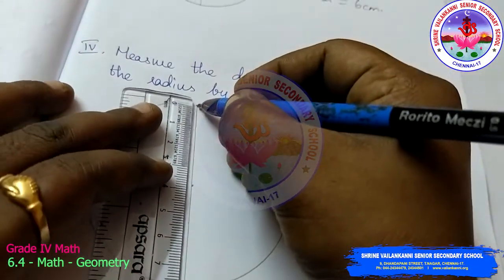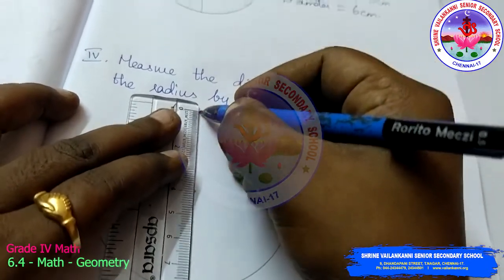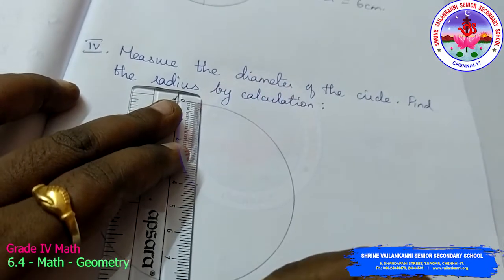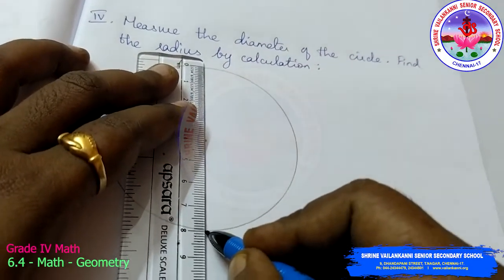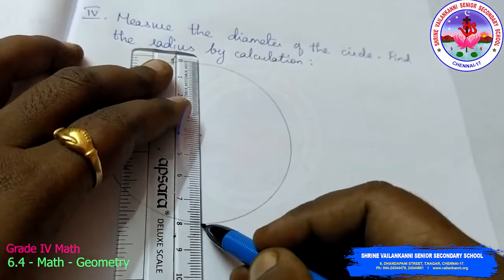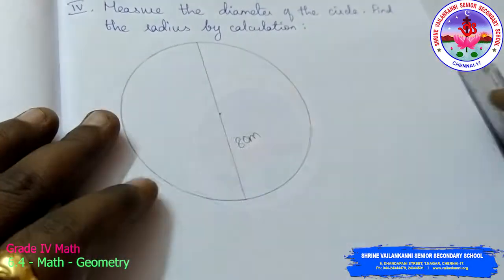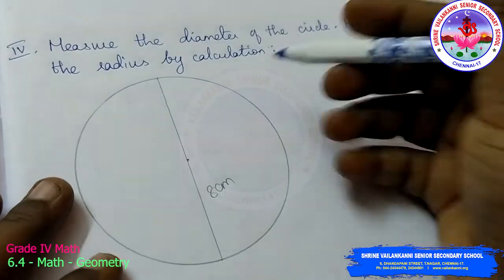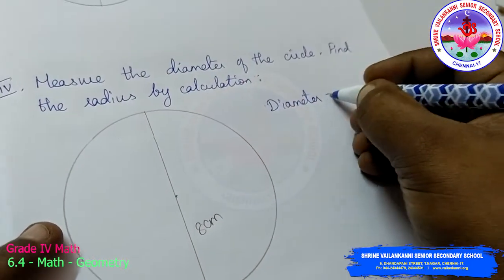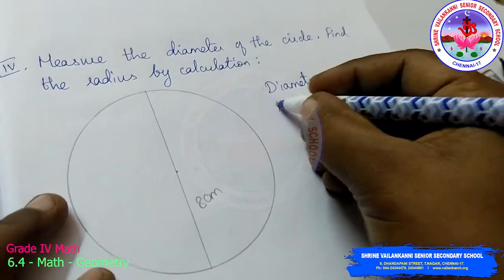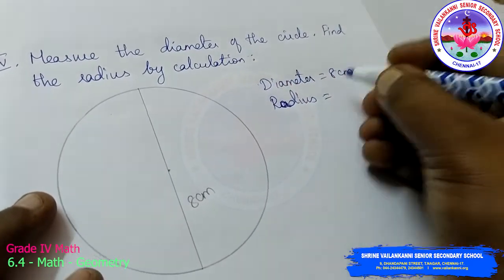From 0 it ends at 8 centimeters. So the diameter is 8 centimeters.